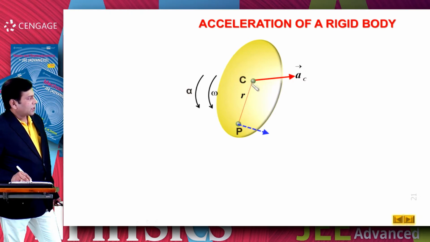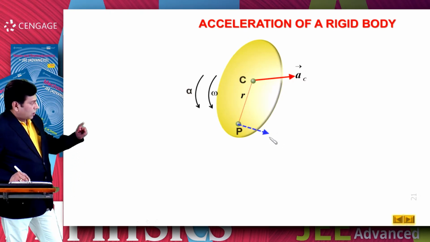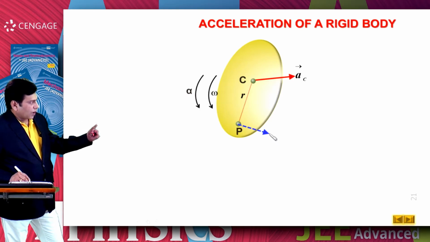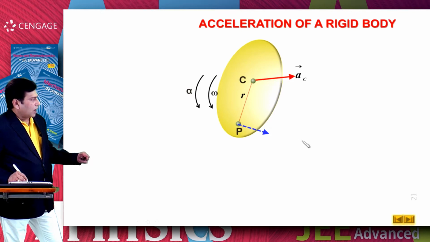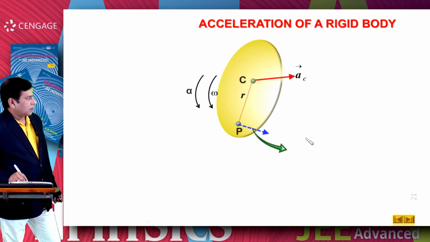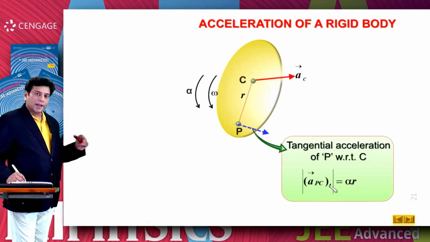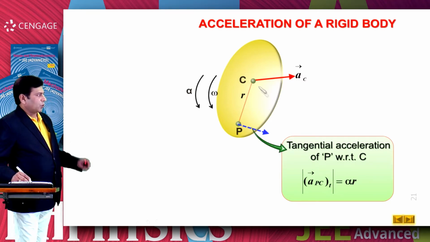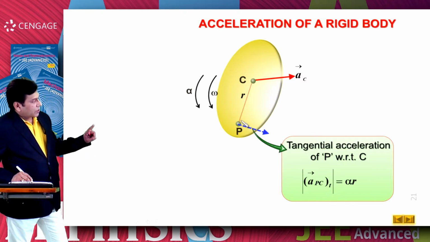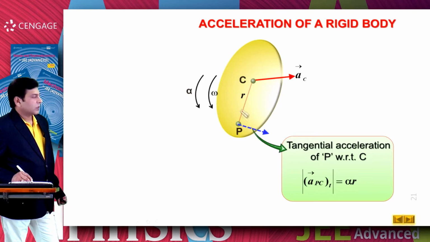Tangential direction, this direction is perpendicular to r. So the tangential acceleration of this point P with respect to C should be equal to alpha multiplied by r. That is the tangential acceleration of point P with respect to C. Now consider the radial direction.